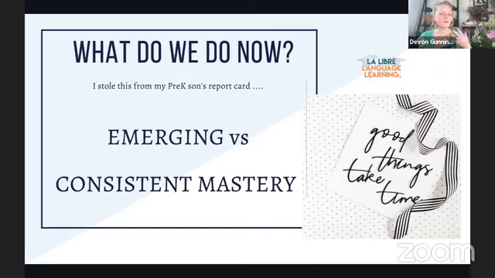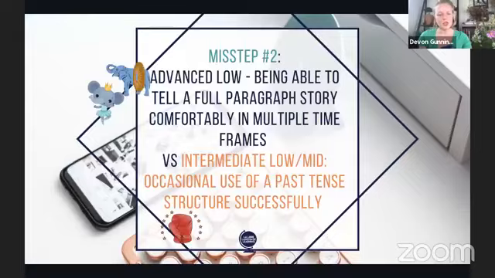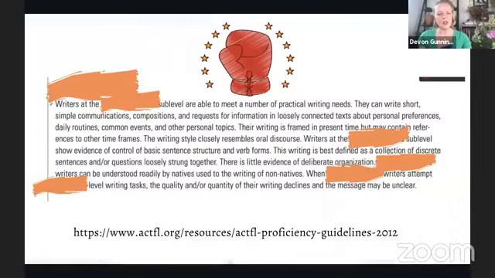So here's where I think we should be moving, if our goal, which it is according to ACTFL and the way that our country and really all of world language is moving, is away from grammar-based teaching, which of course, again, grammar's not bad. Grammar's just part of the toolkit. But if you look at all of the things mentioned in the characteristics of the next level, it doesn't talk about past tense time frames that often.